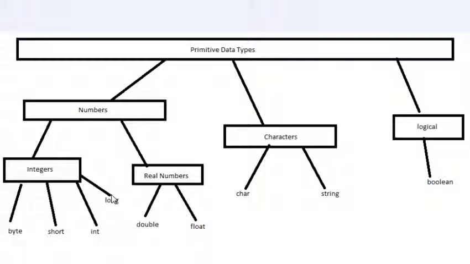And over here we have long. What long is, is pretty much self-explanatory. It's a long integer. It's a 64-bit type, and the maximum value of a long is 9 quintillion, 223 quadrillion, 372 trillion, 36 billion, 854 million, 775,807.